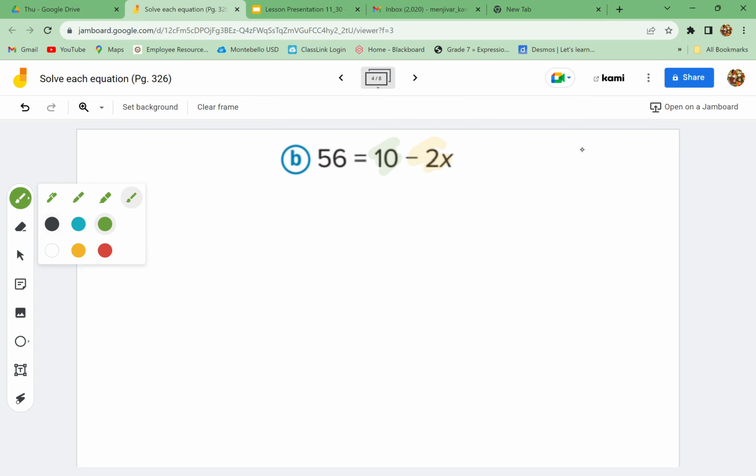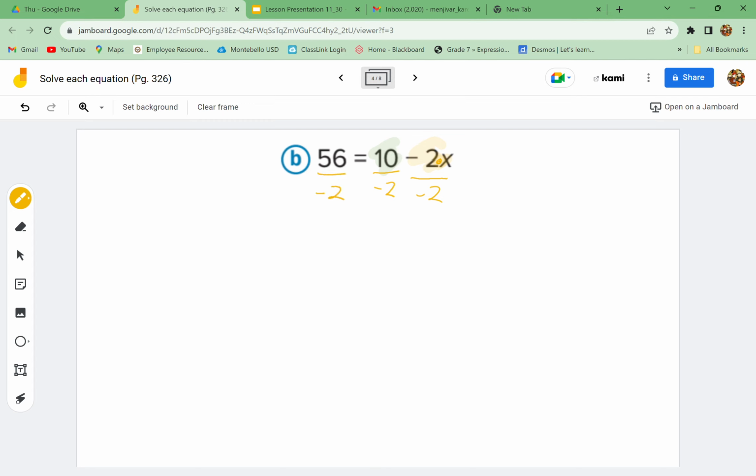Since it's multiplying by a negative 2, we want to divide by a negative 2 to make it a giant 1. But if I divide by a negative 2 with this term, I must make sure that I divide the other terms by a negative 2 too. So I'm going to divide by a negative 2 on each term.